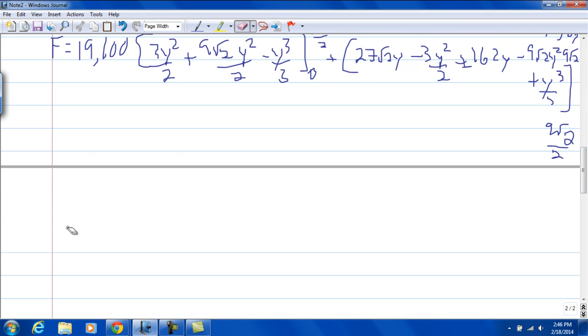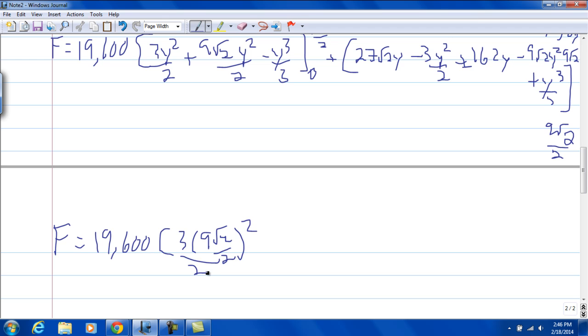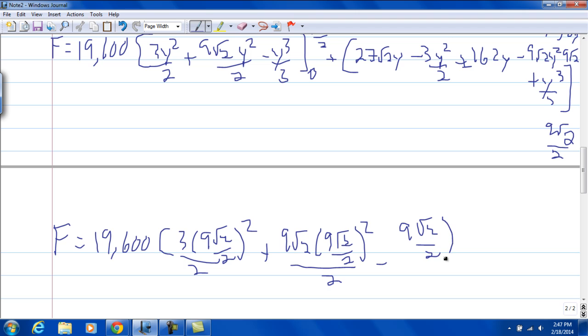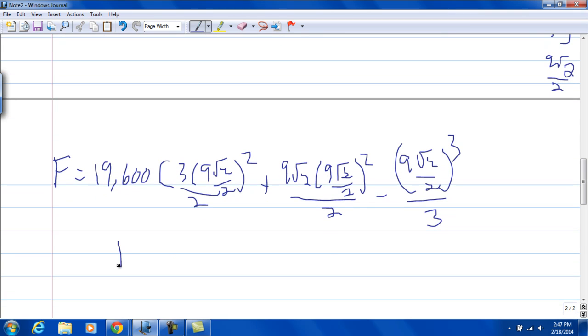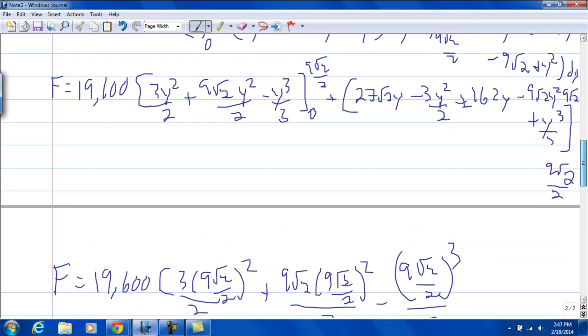So force equals 19,600 times 3 times 9 root 2 over 2 squared, which is 3 halves of that, plus 9 root 2 times 9 root 2 over 2 squared over 2, minus 9 root 2 over 2 cubed over 3. Interesting, we have 9 root 2 times 9 root 2 squared. And then we will have a plus.